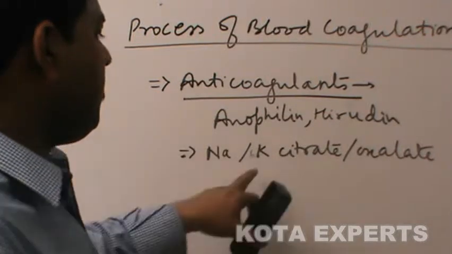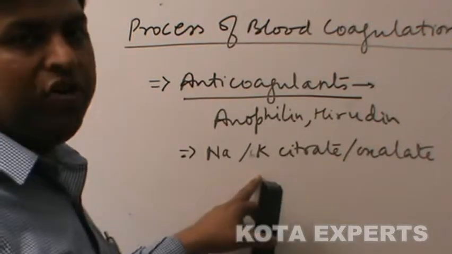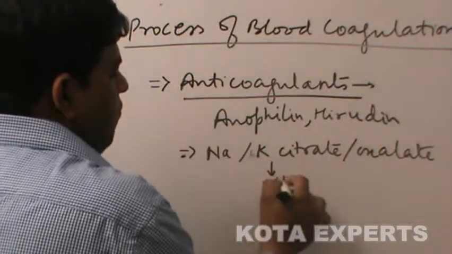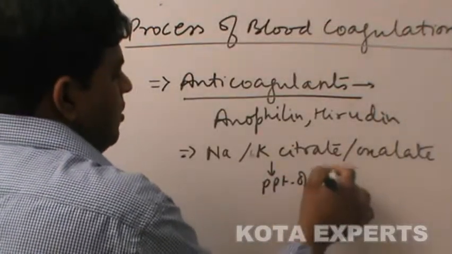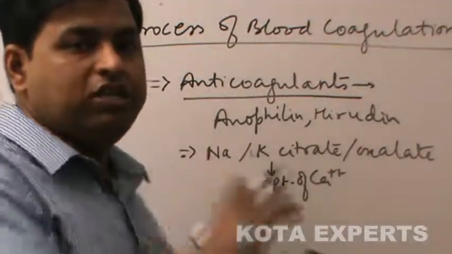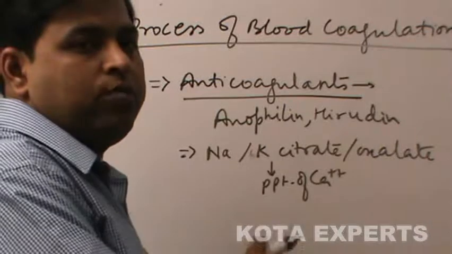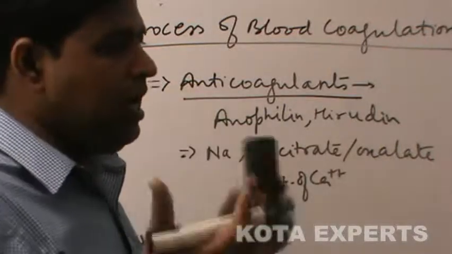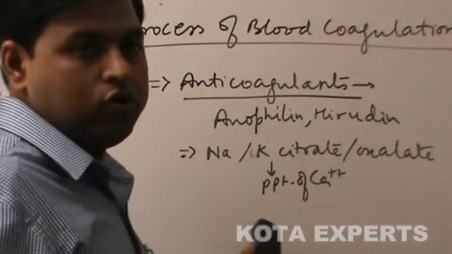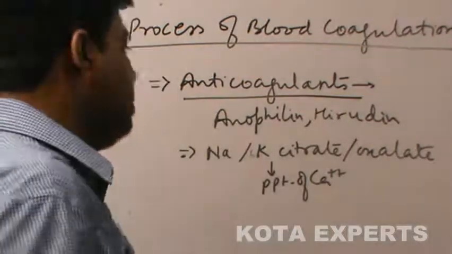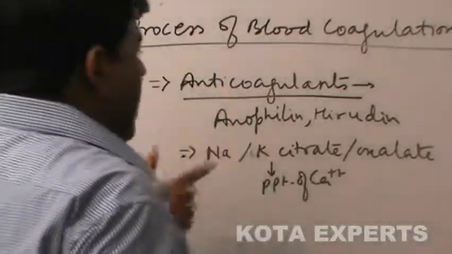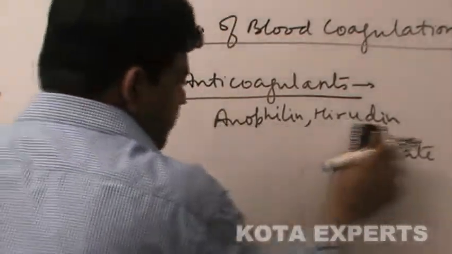It prevents clotting by the precipitation of calcium ion. When calcium ions are precipitated out, there will be no conversion of prothrombin into thrombin, and as a result no further step for the coagulation of blood. Now these are all about the anticoagulants.